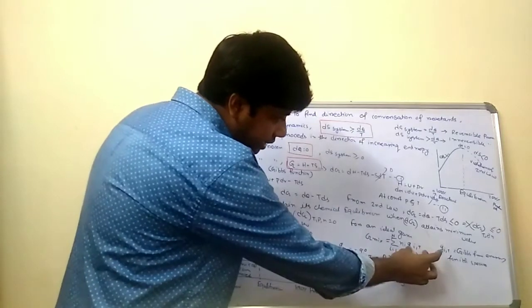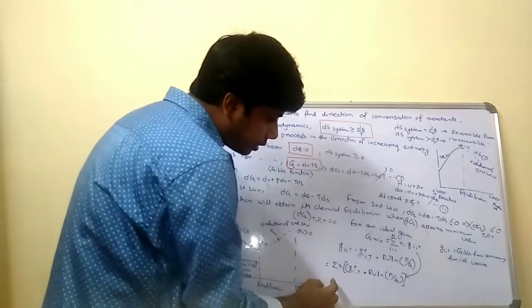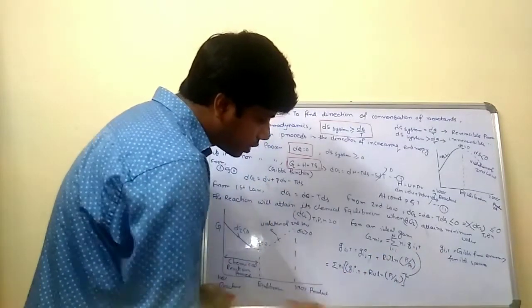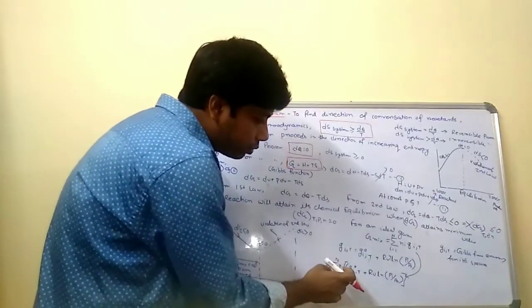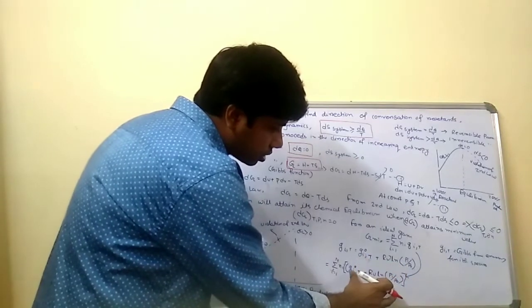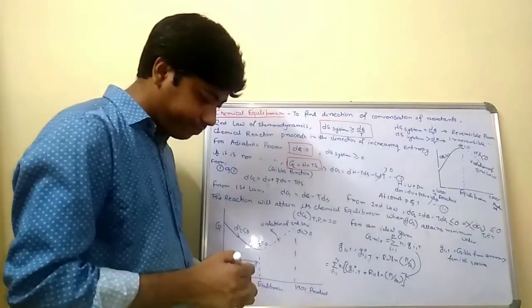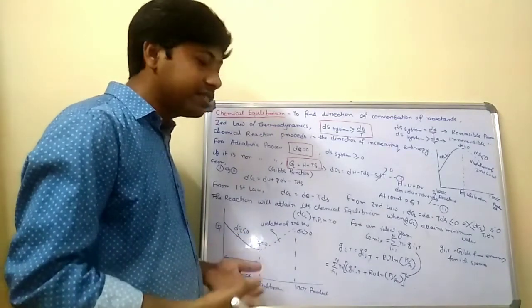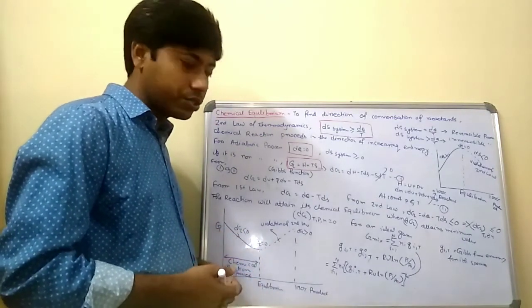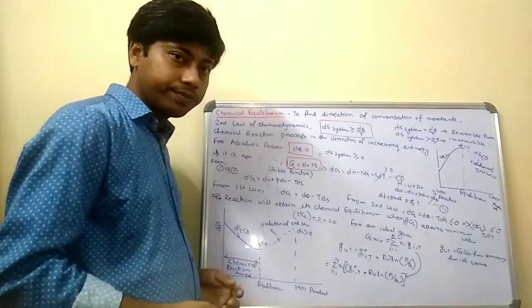So Gi,T can be written with i equal to 1 to N, Ni into Gi, and this equation is also written in this form. Now we have to calculate the change of free energy equations for the ideal gases.